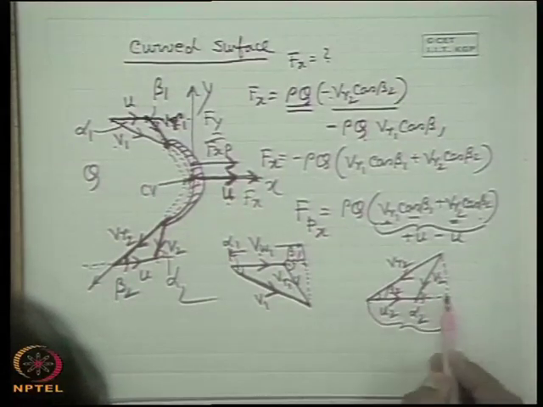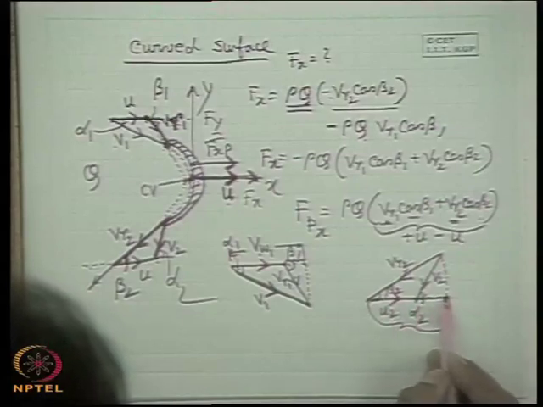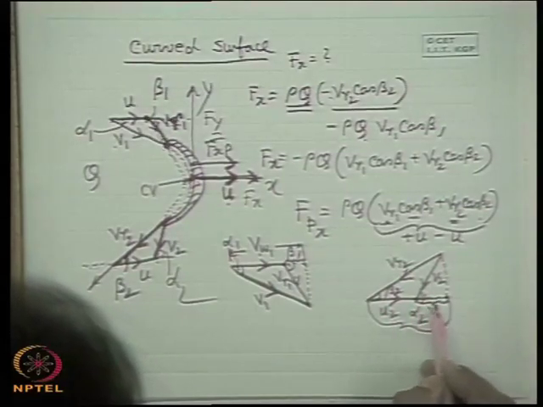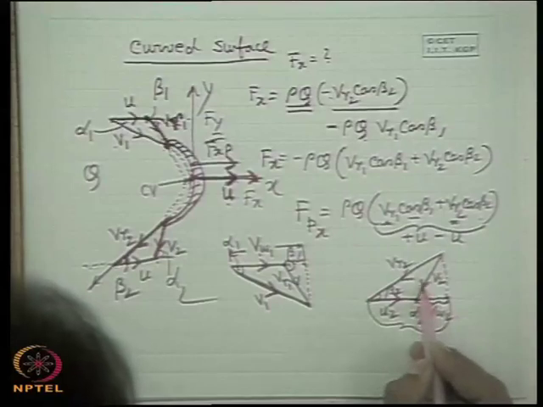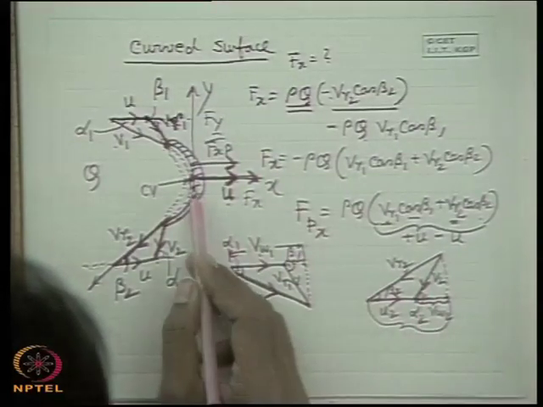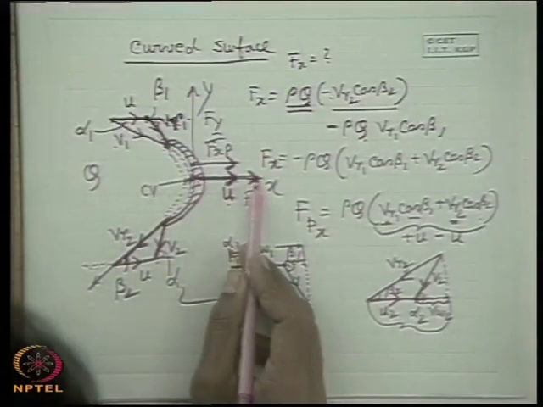Similarly, if I deduct from Vr2 cos beta the u2 component, it will come like this. This is Vw2. That means this will again be the component of the absolute velocity in the direction of plate motion.